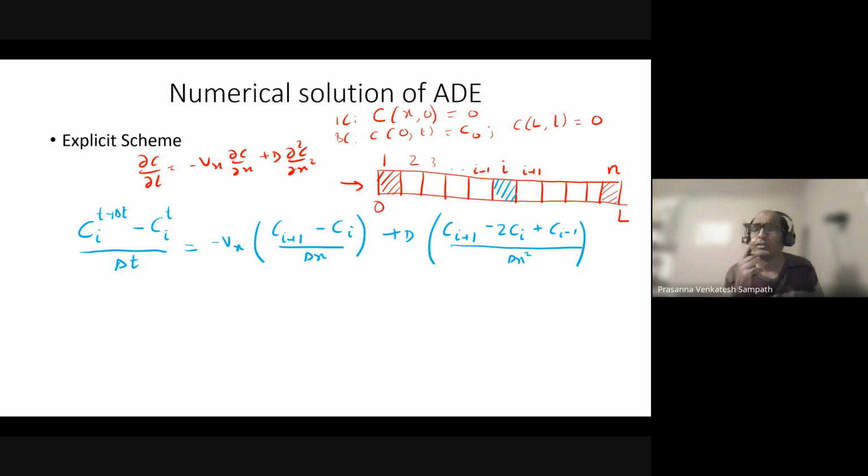What should I mention for the time? Should I mention t, or should I mention t plus delta t, or what should I do?